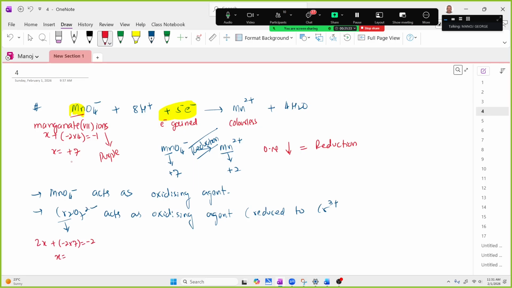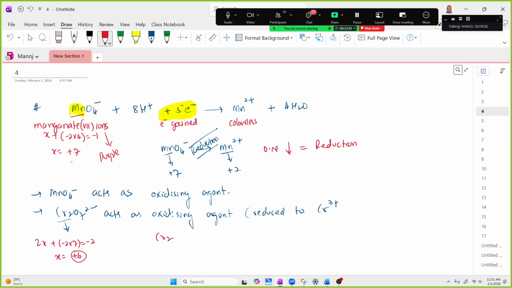Find the value of X. See how much you're getting. Could you please mention how much you're getting for chromium? 2x minus 14 equals minus 2. You should be getting x as positive 6. So the oxidation number of chromium is positive 6 here.